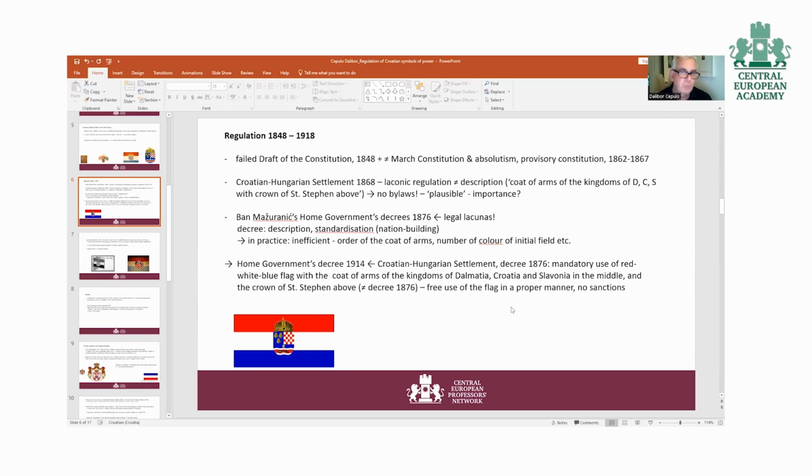Yet one could expect from the home government that it would use the opportunity to describe these symbols of the land, but that was not the case. It was only in 1876 that they noticed that there was a legal lacuna. They tried to standardize and describe these symbols, but in practice this order was inefficient.